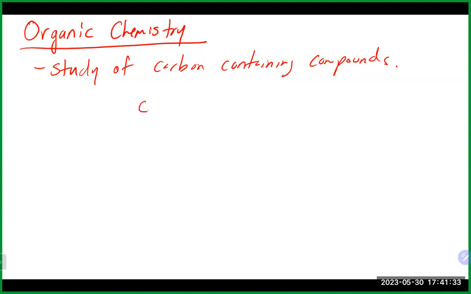Really, most organic compounds are carbons attached to carbons, and attached to those carbons are hydrogens. That is your basic organic molecule: that carbon-to-carbon attachment, with carbons attached to hydrogens.